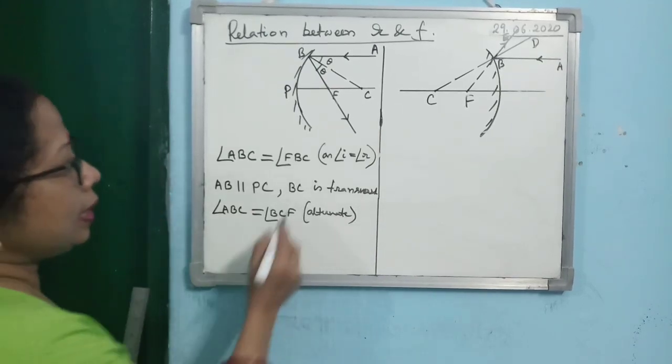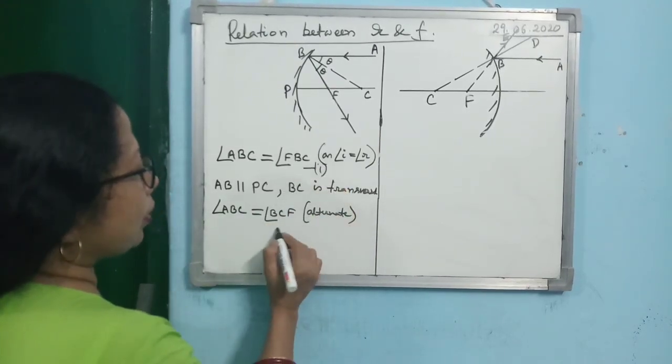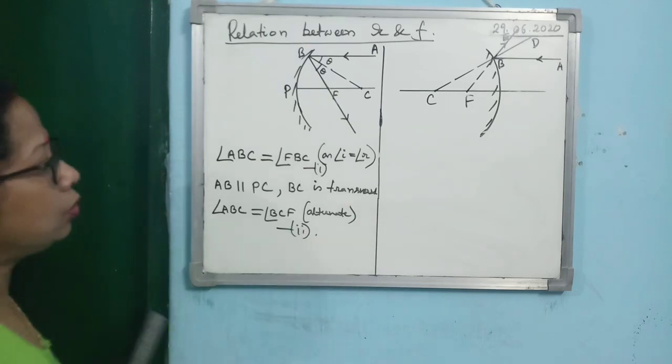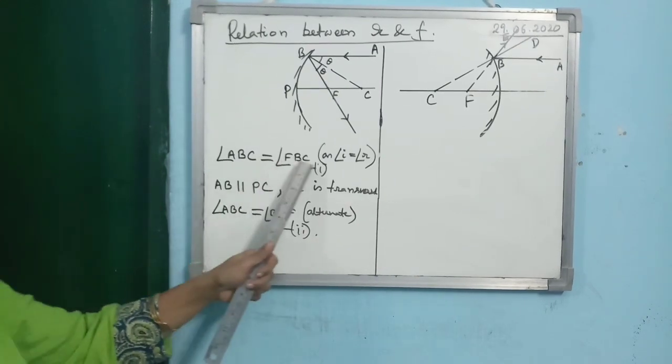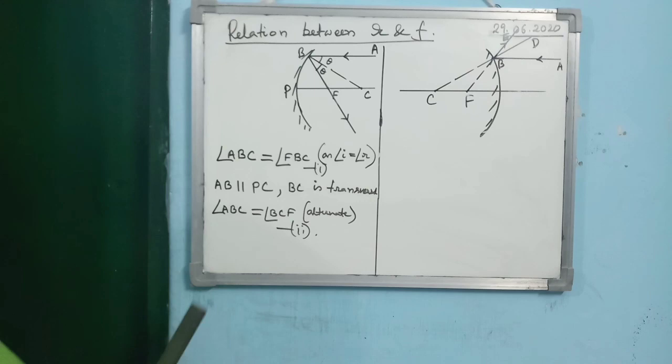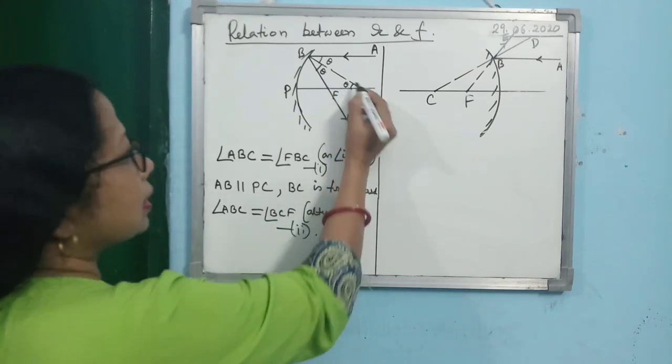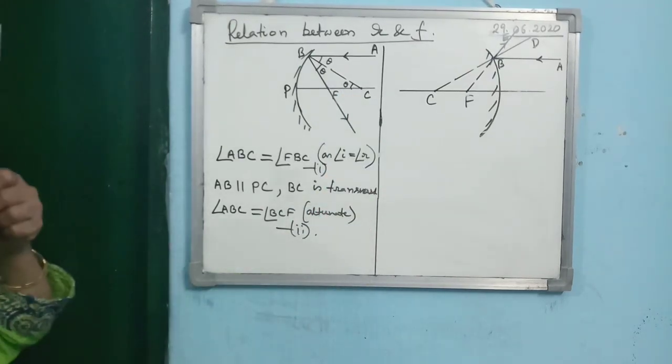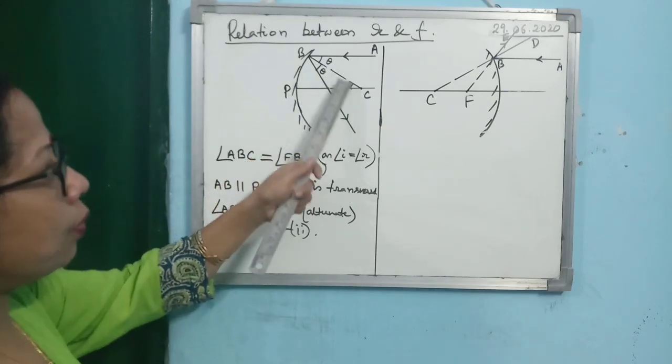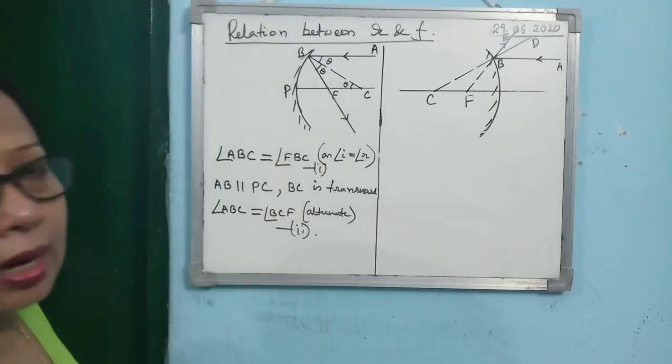If this is equation 1 and this is equation 2, then in both cases ABC is equal to FBC and ABC is equal to BCF. So I can name this as theta. Why am I naming it? So that from the diagram one can write down which two angles are equal.